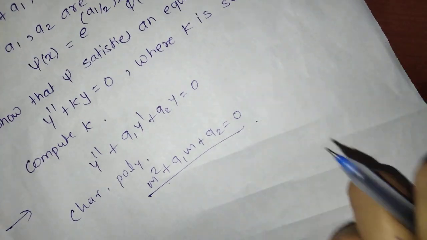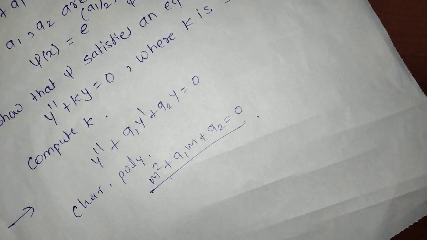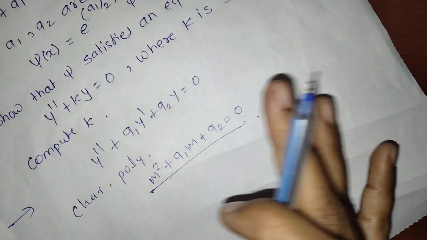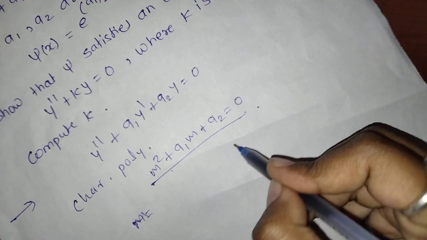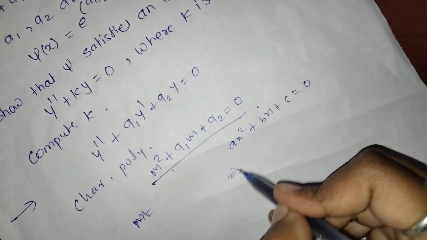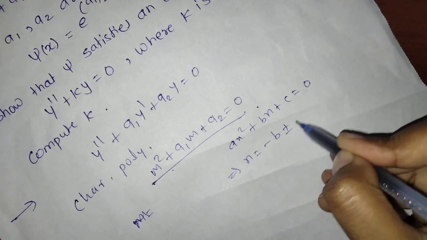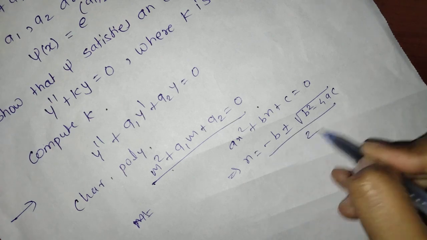So we cannot calculate the roots of this equation directly, but you know the formula for finding the roots of a quadratic. We know that if ax square plus bx plus c equal to 0, then x is equal to minus b plus minus under root b square minus 4ac upon 2a.